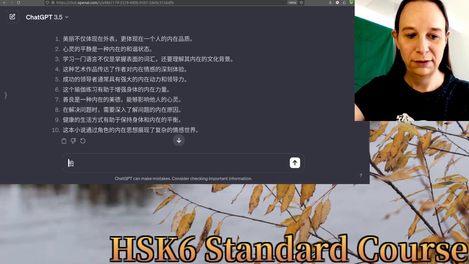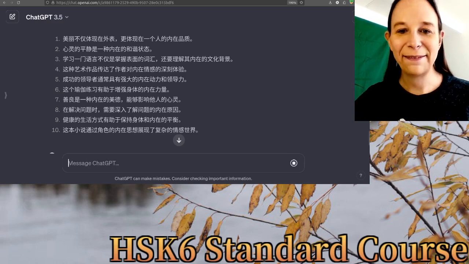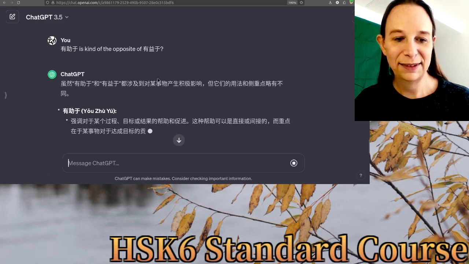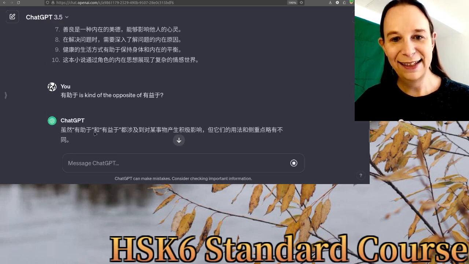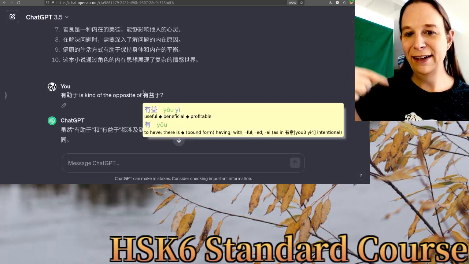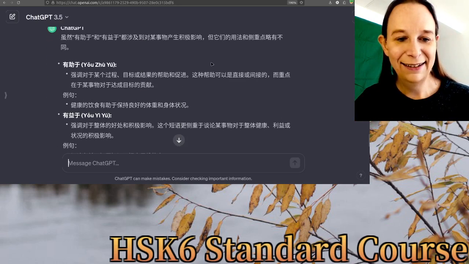有助于 is kind of the opposite of 有益于. It's the opposite in the sense of it's an opposite direction. So instead of A benefiting from B, it's A benefits B, right?